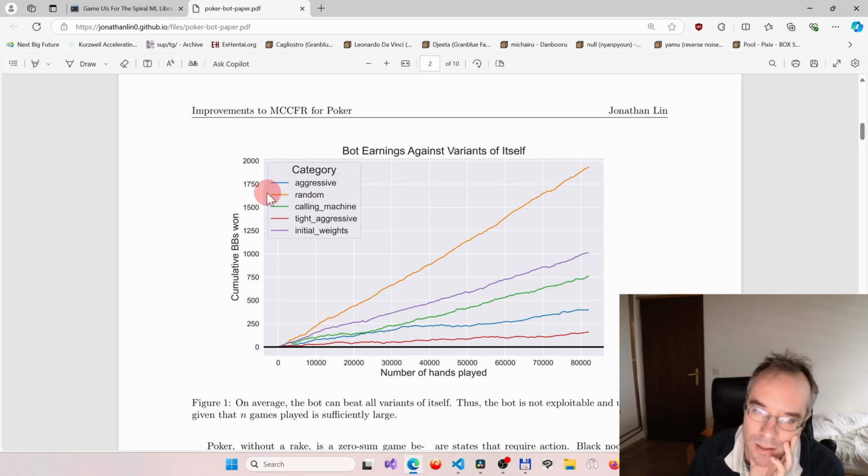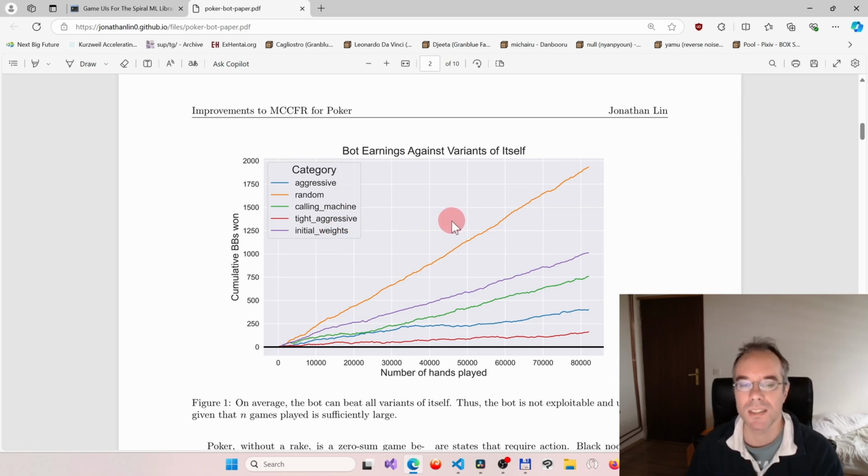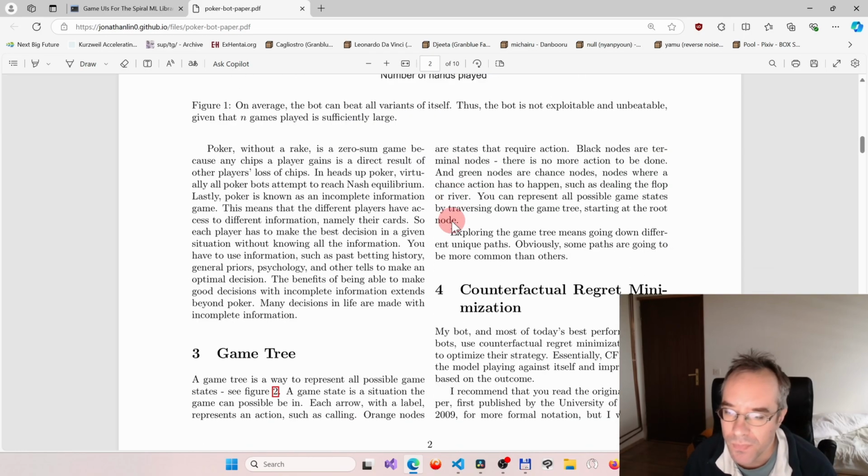Like this yellow line is a random player, very similar to the one that we have right now. He also made a few other players like aggressive, calling machine, tight aggressive. I'm not sure what the initial weights one is, but the rest is explanatory.